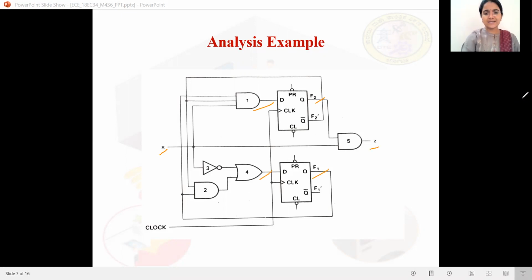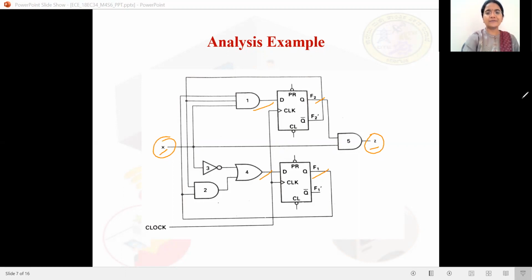Here, what are the input and state variables? We have the input X, the state variables F2 and F1, and the output variable Z. After that we check the names for the variables. Here all the names are given, so there is no need to assign the variables again. Then the next step is to check the type of the flip-flop and write the characteristic equation.